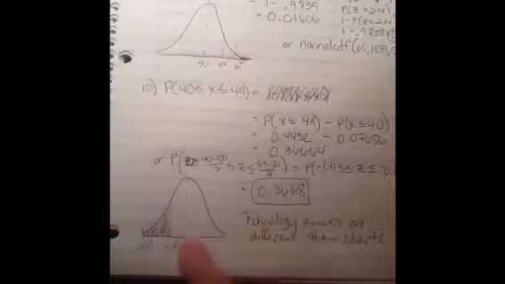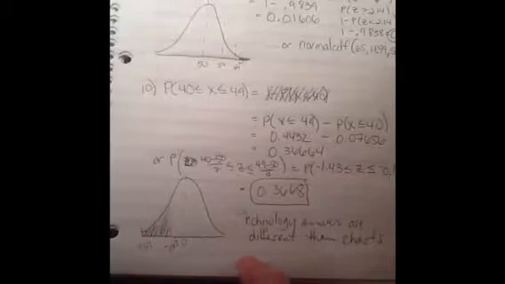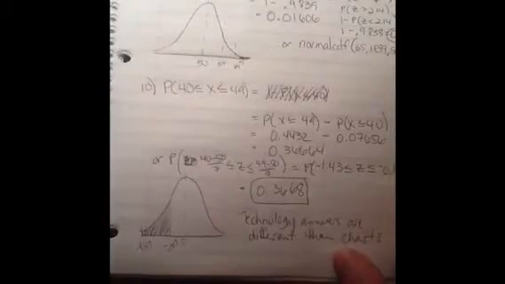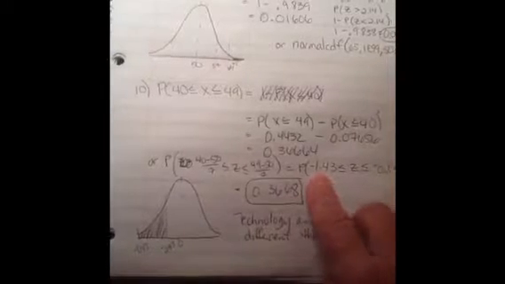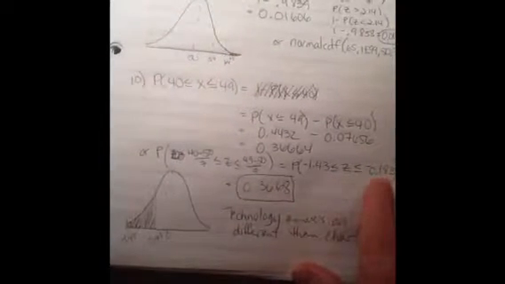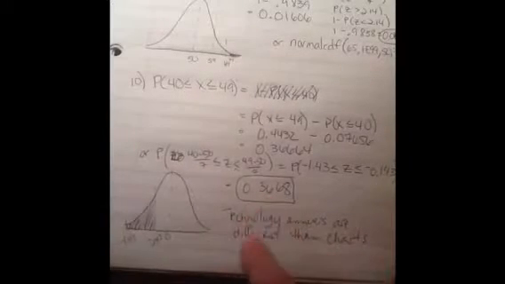If I draw it out, this is the probability that I'm looking for. And in using my normal CDF, I would have lower bound, upper bound, comma 0, comma 1, and I would get this number.